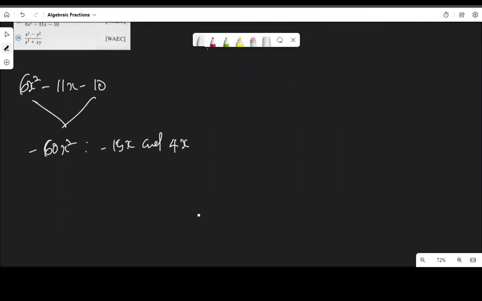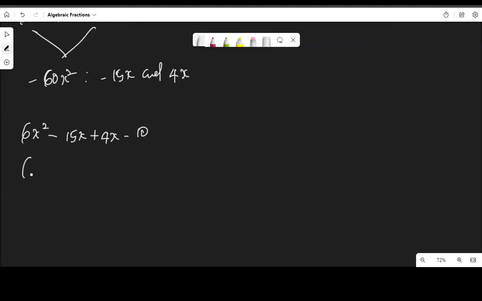Remember that negative 15s times 4s is negative 60s squared. And negative 15s plus 4s is negative 11s. So we will replace the middle term so that this expression becomes 6s squared minus 15s plus 4s minus 10.